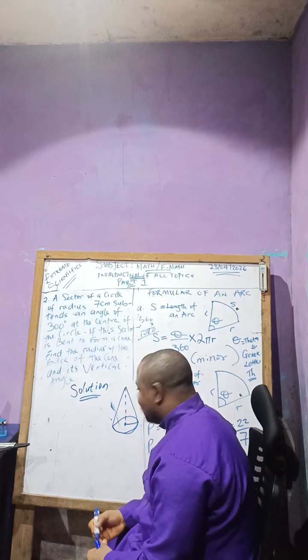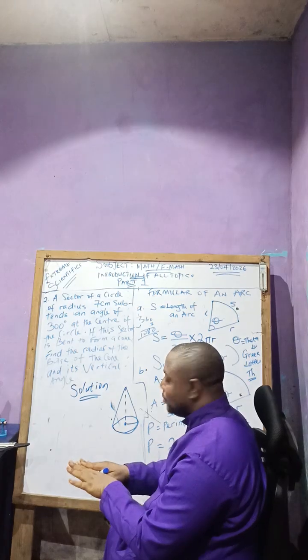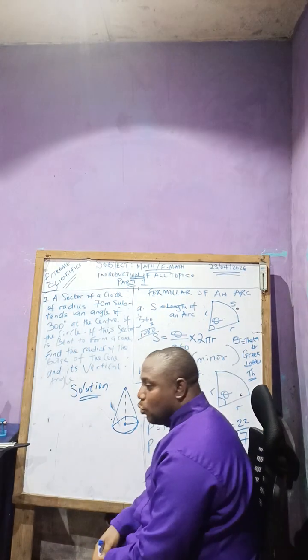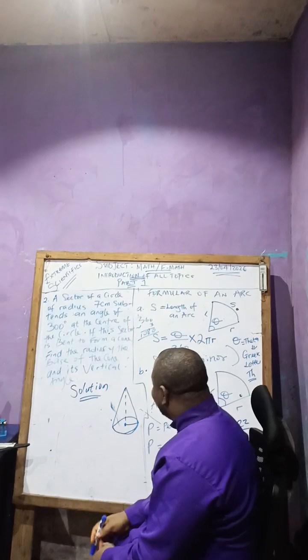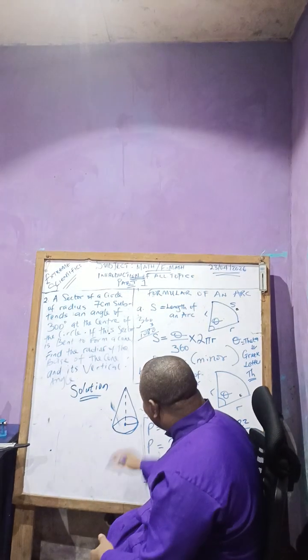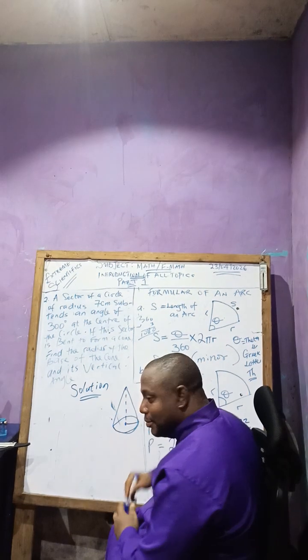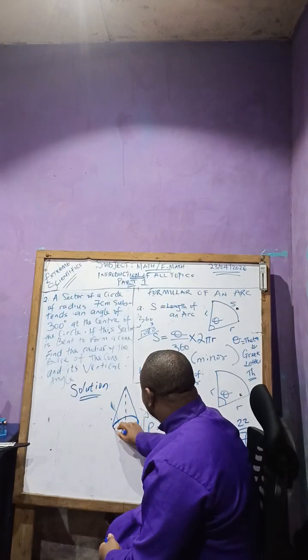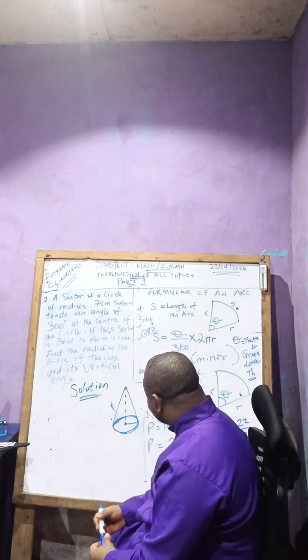Are you understanding? So you bend the sector to form a cone. You know a cone. Under it, it will have a radius. Now this one is like a circle. Not totally a circle, but it's like a circle.